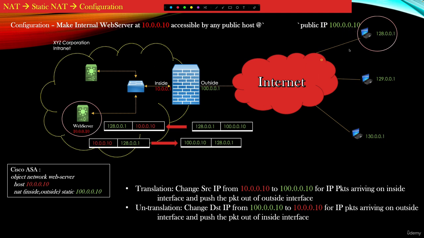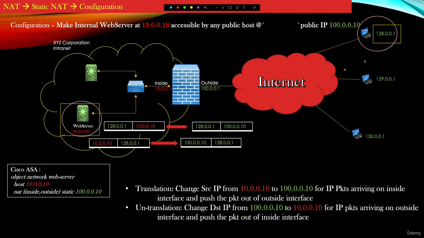You can see in this diagram, I have taken a public host as an example, which is sitting on a public IP address 128.0.0.1, and I want this host to be able to access this web server, which is present somewhere inside the XYZ Corporation intranet on private IP address 10.0.0.10.